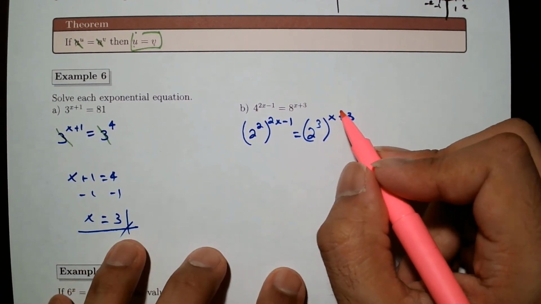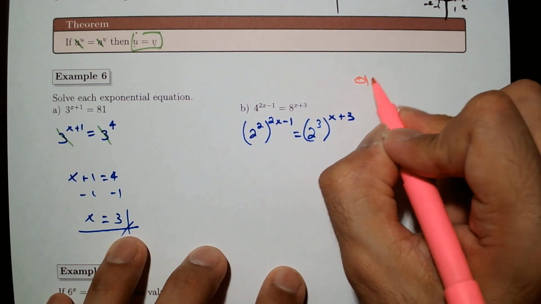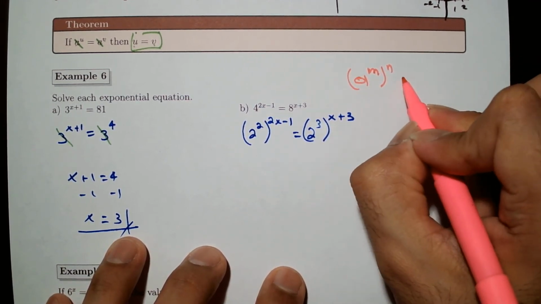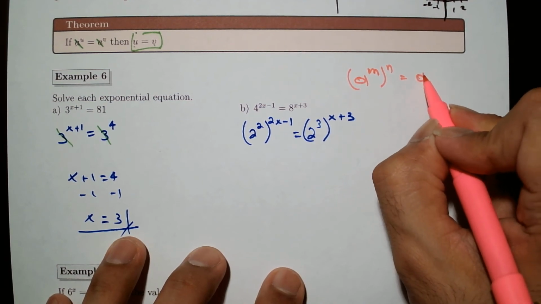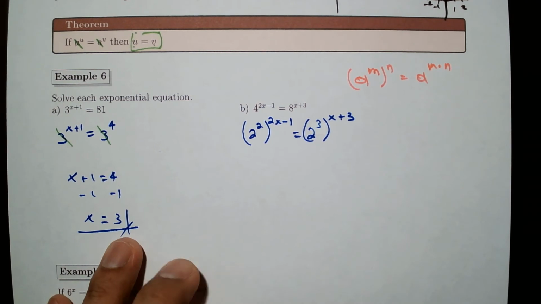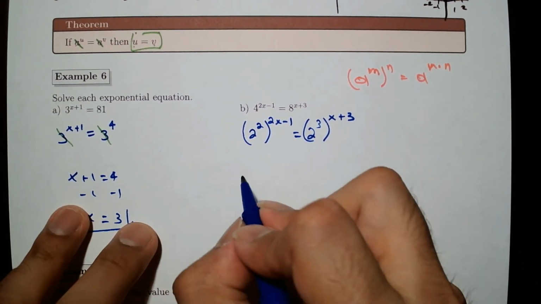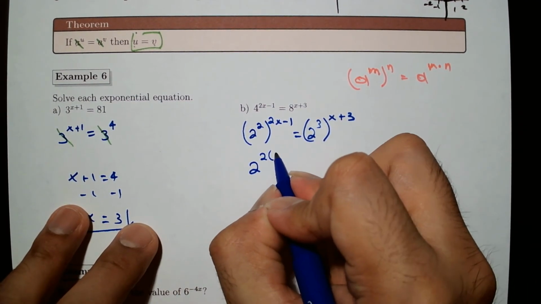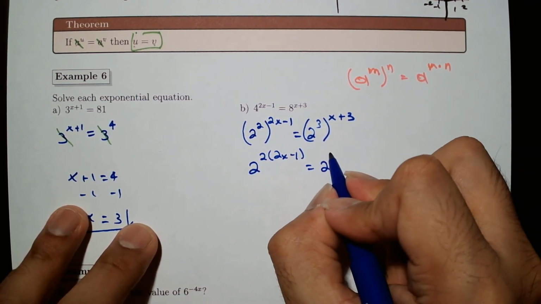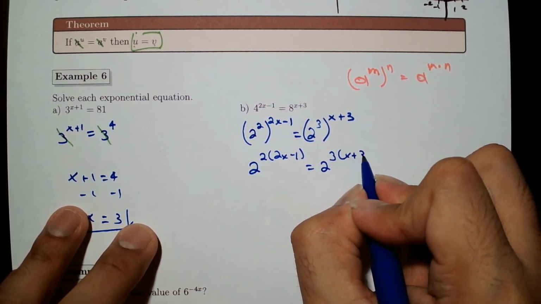You might want to recall that property of exponents: when you have a to the m to the n power, we can do a to the m times n. In other words, I'm going to multiply 2 times 2x minus 1. So 2 to the 2 times 2x minus 1, and 2 to the 3 times x plus 3.